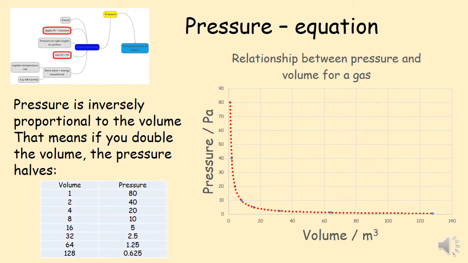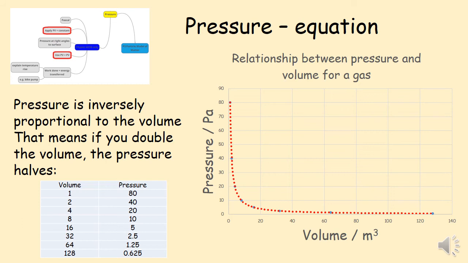If you plot those figures, you end up with the graph of the shape that is shown there, which drops very, very steeply, and then plateaus off and goes virtually horizontal after that. That is the shape of the graph you end up with for one of the variables inversely proportional to the other one.